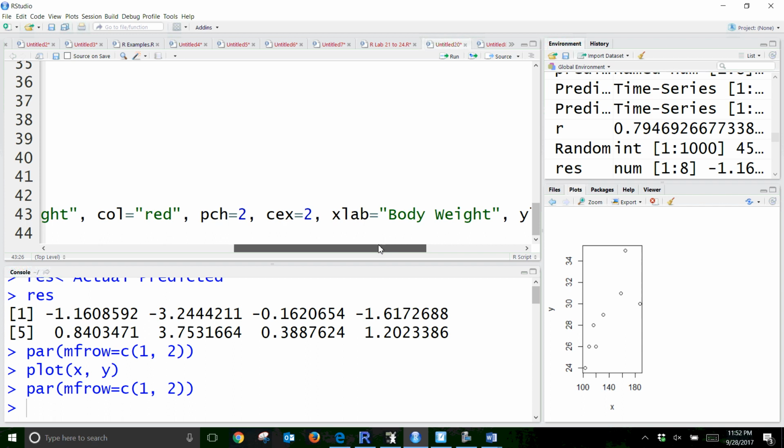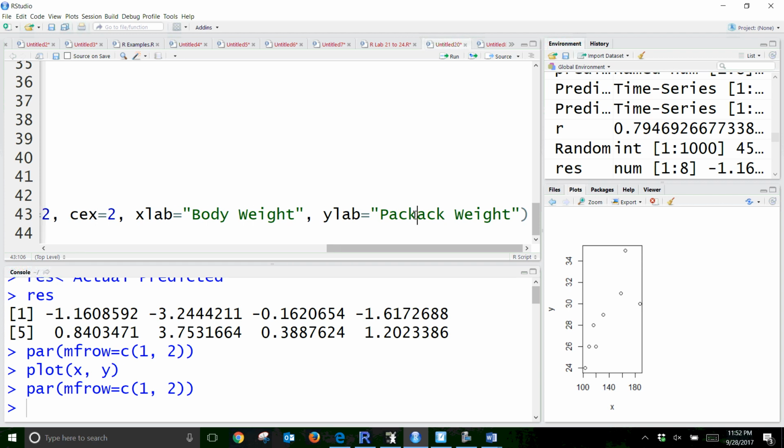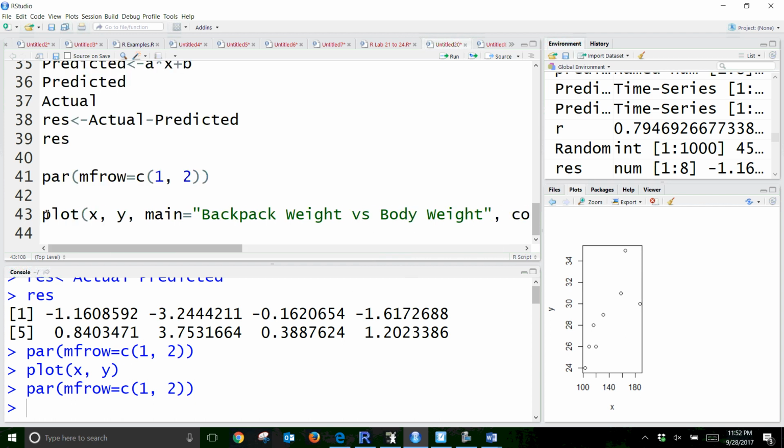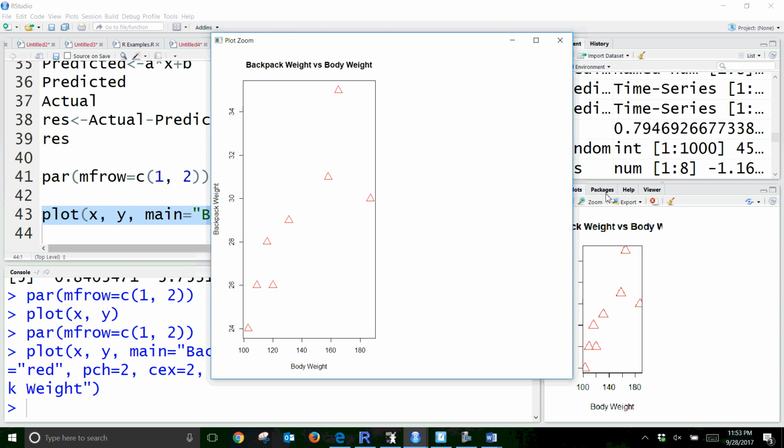CX is going to change the size of my printing character. I'm going to label my X and Y axis, body weight and backpack weight. All right, there we go. Let me see if I can enter this whole line. Let me select that. Okay. So again, we see my little printing characters.